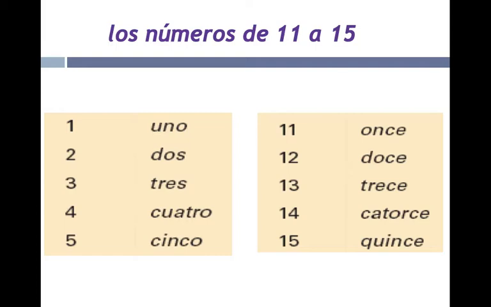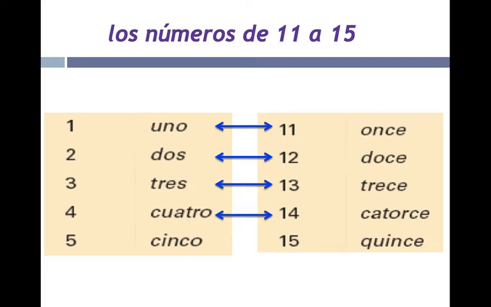Good. And let's take a look at the 1, 2, 3, 4, 5. Uno, dos, tres, cuatro, cinco. And look how these compare. Once, uno, once. You can see a little bit of a connection there. Uno, the UN, the ON. Dos, doce. That S changes to a C. Trece, that S changes to a C. Tres, trece.